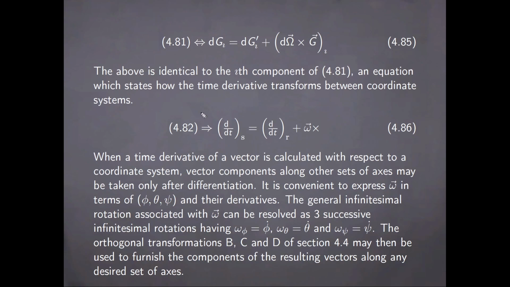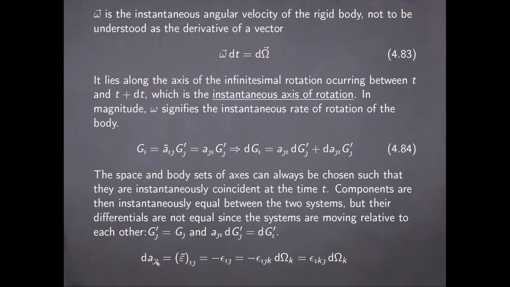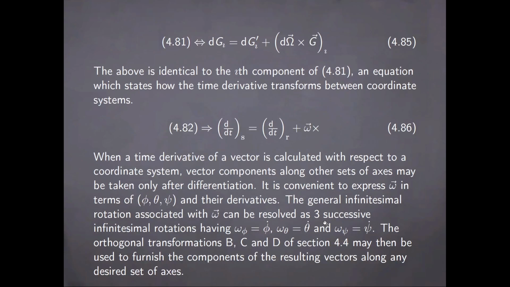And when the transformation matrix is expressed in this form, then equation 481 in component form becomes immediately equal with what is written here. So this is identical to the ith component of 481, and it is an equation which states how the time derivative transforms between coordinate systems.